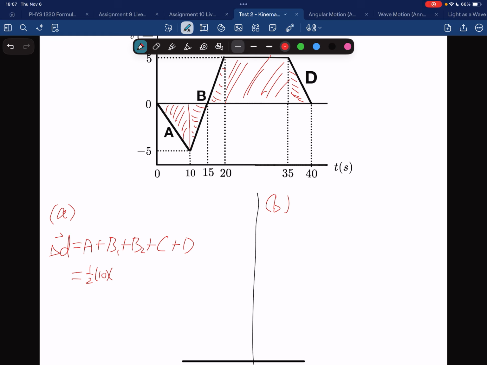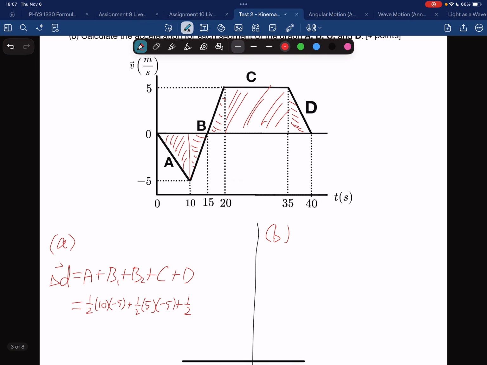So this is -5, plus B1, which is going to be 5 as the base, -5 as the height. B2 is going to be 5 as the base, +5 as the height, and running out of room here.